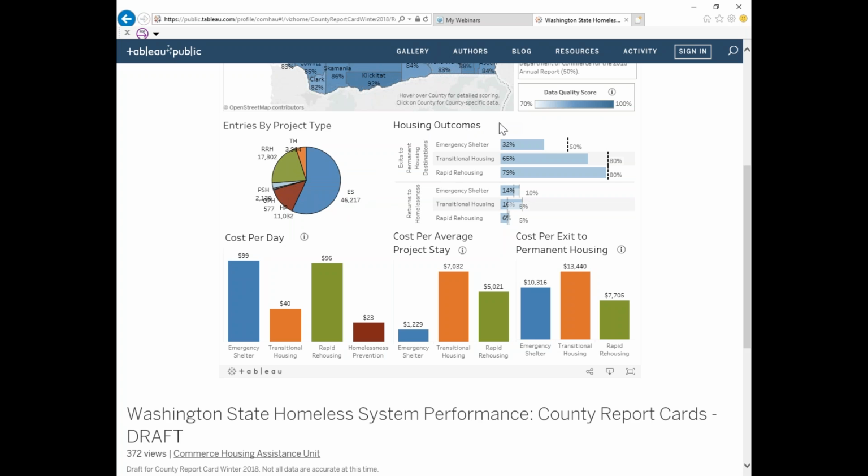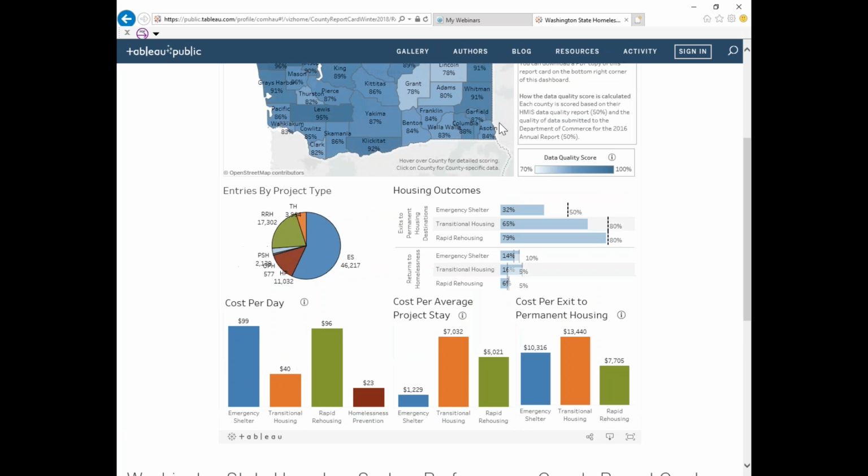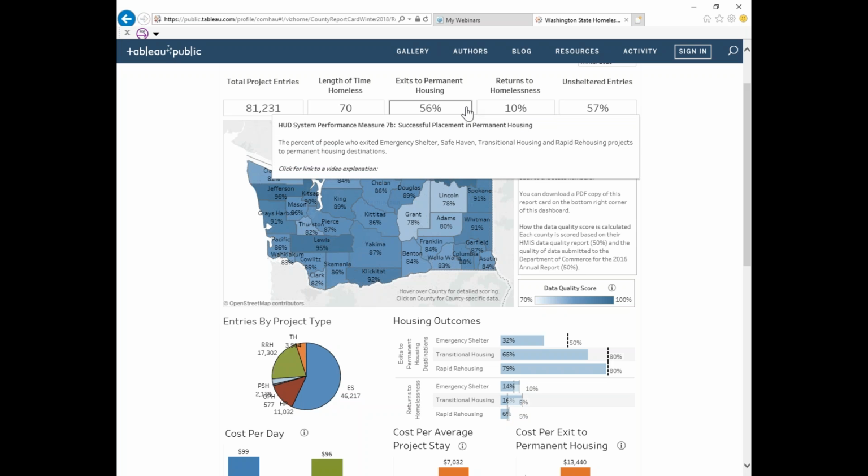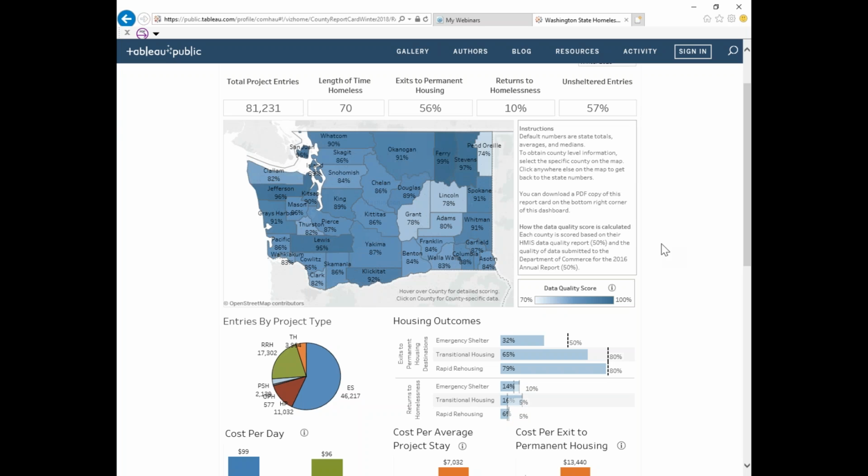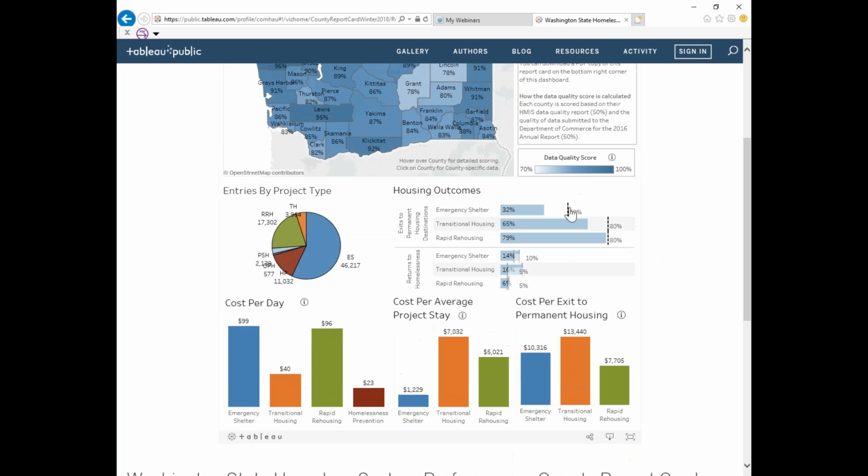Over here is the housing outcomes broken down by project type. So up here for exit to permanent housing, this is for all project types together. So in Washington State, with all the project types, 56% exited to permanent housing. Down here, you have that information for emergency shelters, transitional housing, and rapid rehousing.